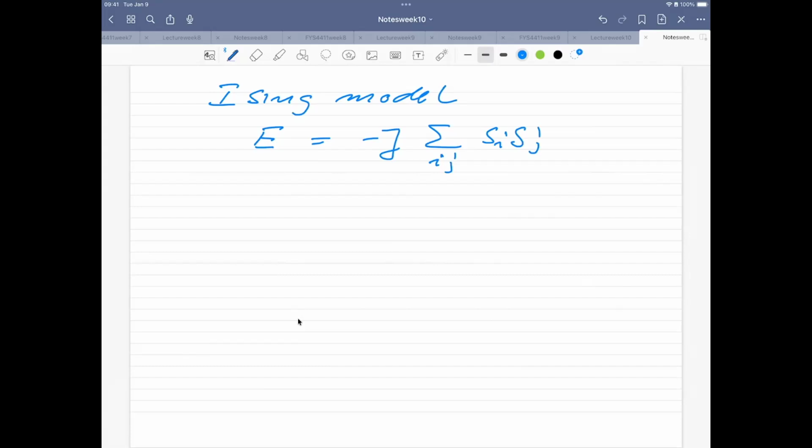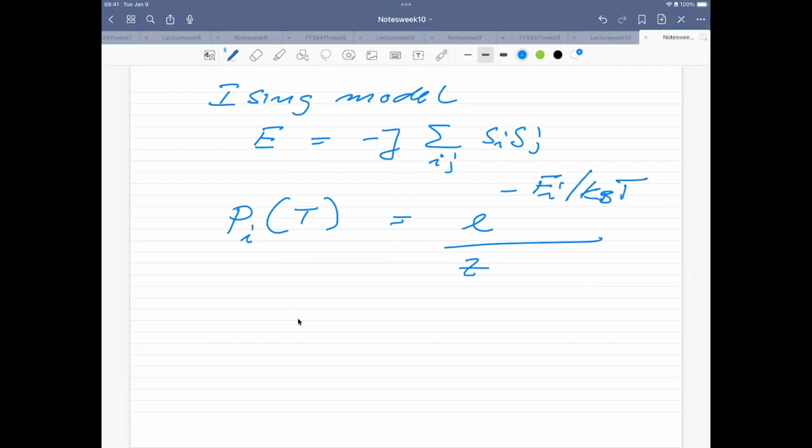That means the probability for being at a given temperature T in a specific energy state i is given by e to the minus E i divided by k B T, Boltzmann's constant times T, divided by the partition function at finite temperature.